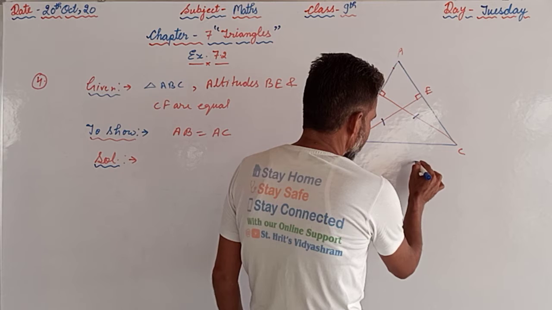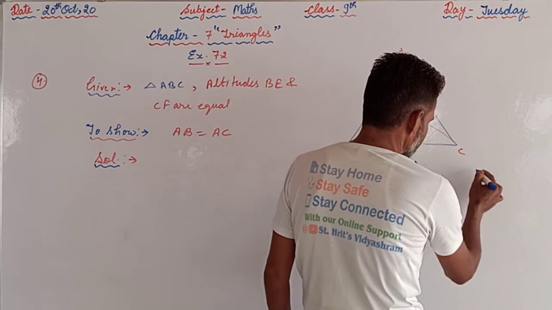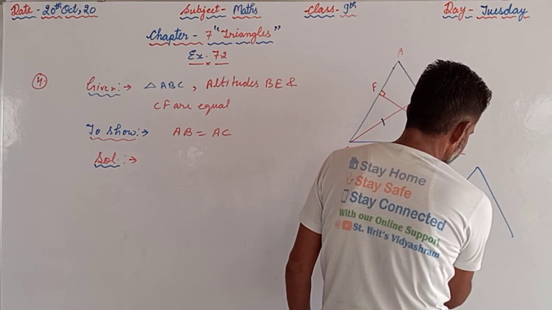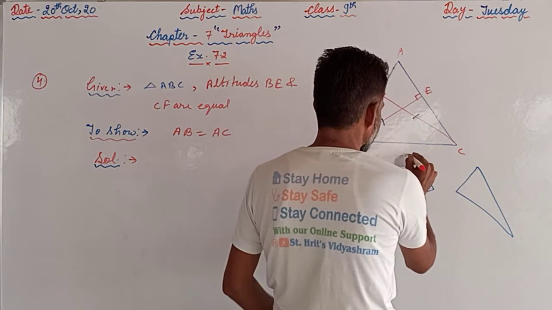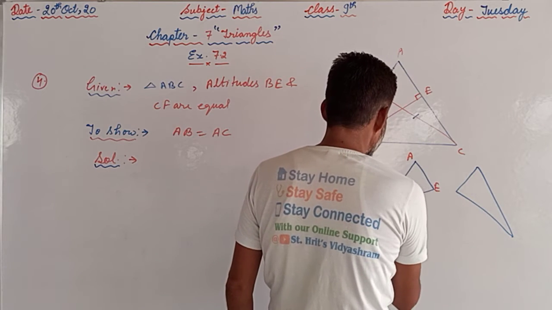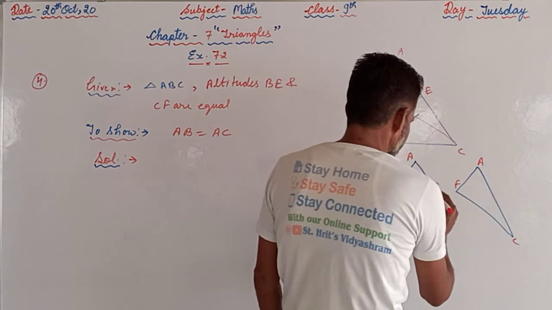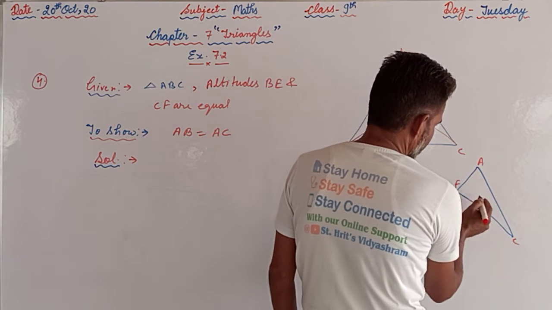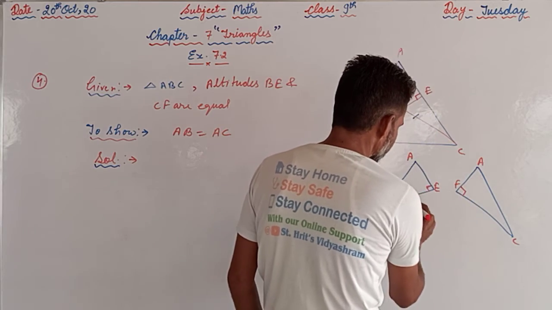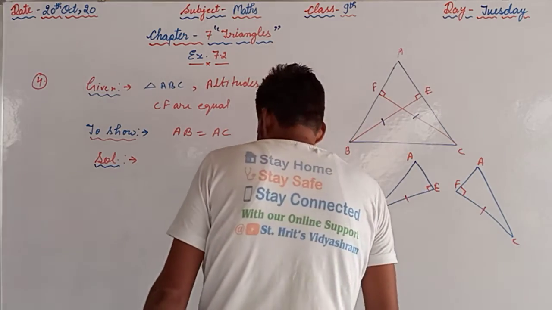So, again we will split that figure into two parts, that is AEB and AFC. Here these are the altitudes and these are of equal length as well.